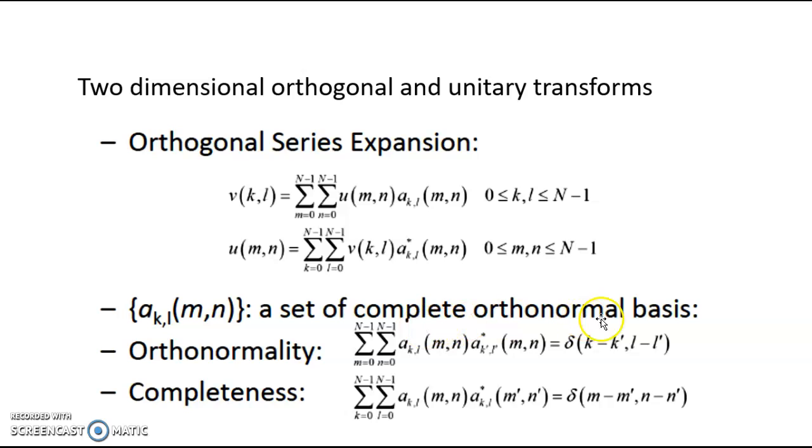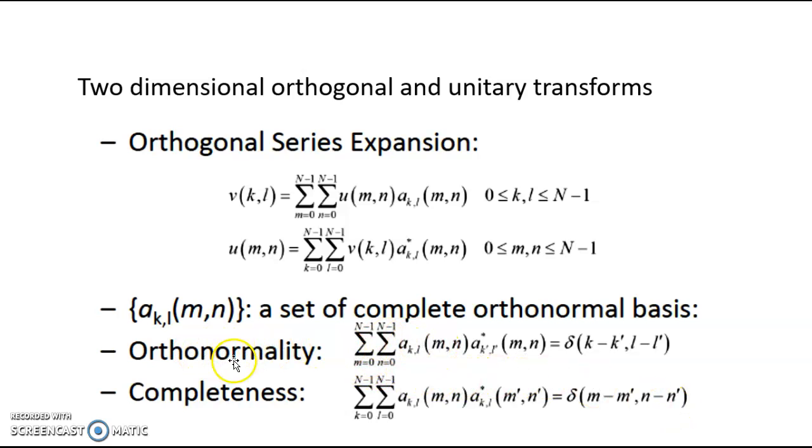The basis function should satisfy some properties: it should be complete and orthonormal. Completeness means that when I take a_{k,l}(m,n) and a_{k,l}(m',n') at a different point and take the correlation, I get delta of (m minus m', n minus n'), an impulse function having the value 1 at m equal to m' and n equal to n'.